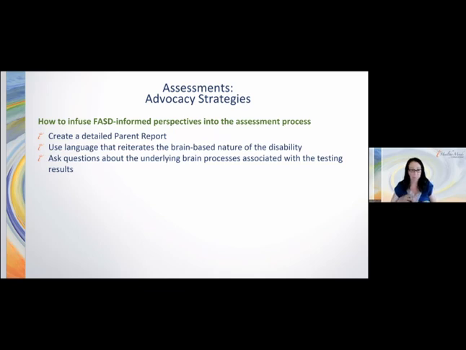For example, if the assessment results indicate slow processing speed in both visual and auditory processing, you might ask how it will impact reading fluency or reading comprehension. You might ask how it will influence the child's writing with regard to essays and things like that that might be required in school. How will the processing speed in those areas impact their ability to do mathematics? How will it impact their social functioning?